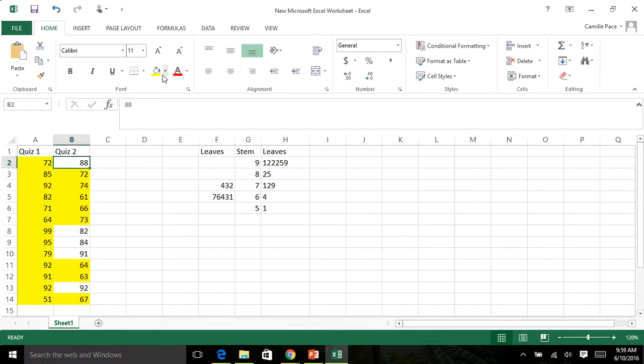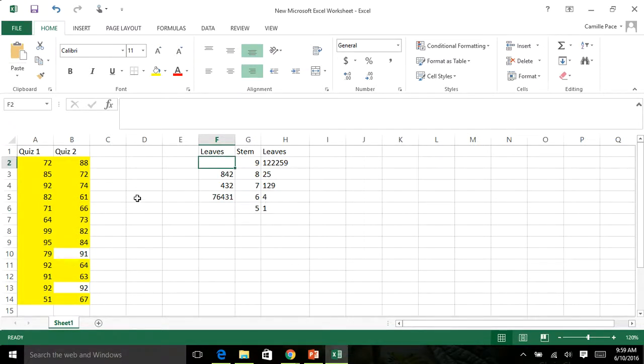I have 88, 82, and 84, so it's going to be 8, 4, 2. Again, you can see this one is 82, 84, 88. Basically, it's the mirror image of the one I did over here, but with different data.